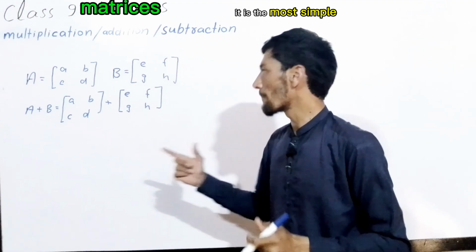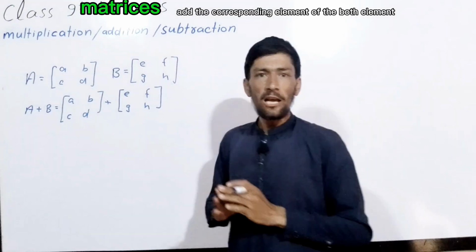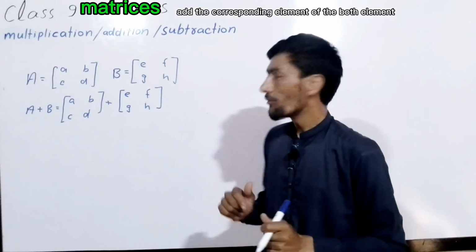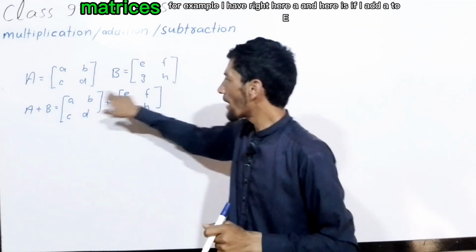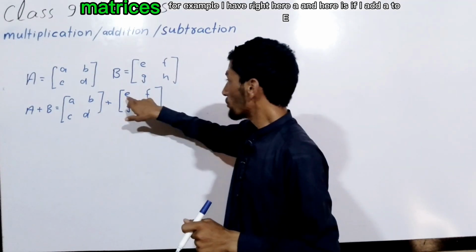It is the most simple. Add the corresponding elements of both matrices. For example, I have A here and E here. I will add A to E.